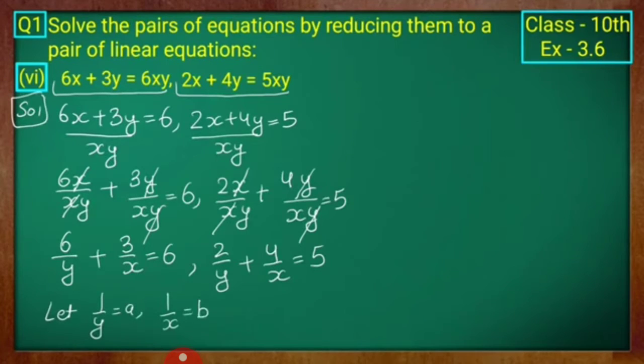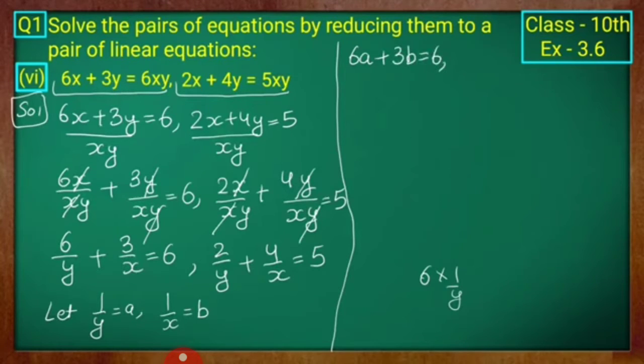Like that, the question can be solved by taking 1 upon y as a and 1 upon x as b. Now 6 upon y can be written as 6 into 1 upon y, and we assumed 1 upon y as a, so it will be 6a plus 3b is equal to 6.